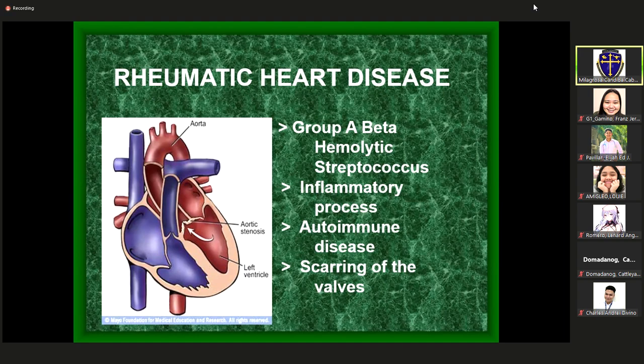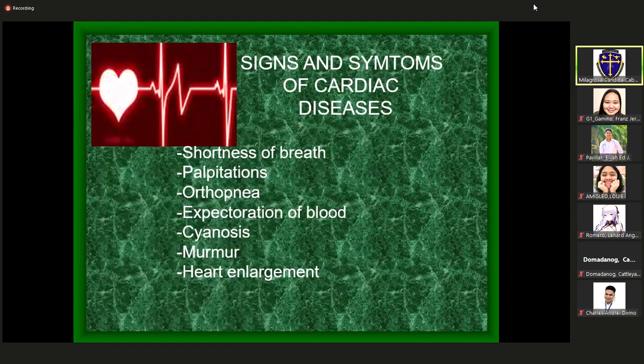Okay? Yun. So what are the signs and symptoms of cardiac diseases? Not all manifest. If you have cardiac ailment, hindi po lahat ito mafe-feel ng patient natin. Okay? So, first will be shortness of breath.